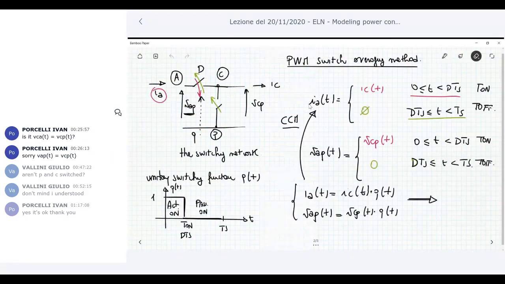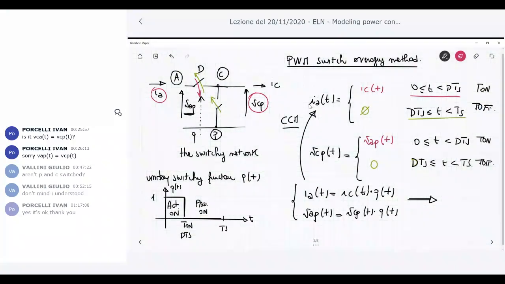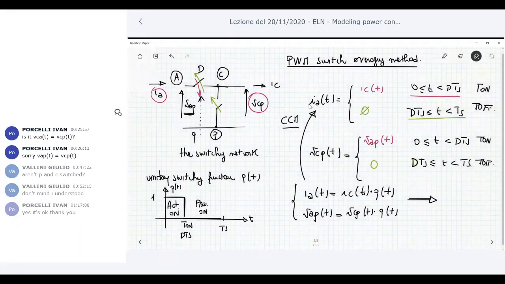Pay attention. I made this error here. So this is exactly, this is VAP. It's VCP, but this is VAP. Sorry about that. So VCP, now I'm looking at this voltage here at the right hand side, which is equal to VAP when the switch, say the active switch, is closed. And this is 0 when the passive switch is closed. Okay, sorry. Sometimes I miss some variable here.